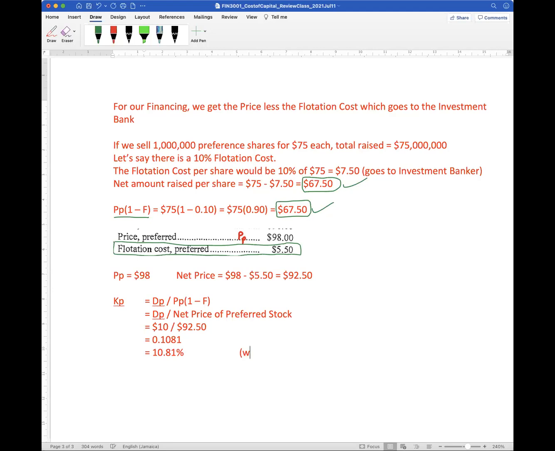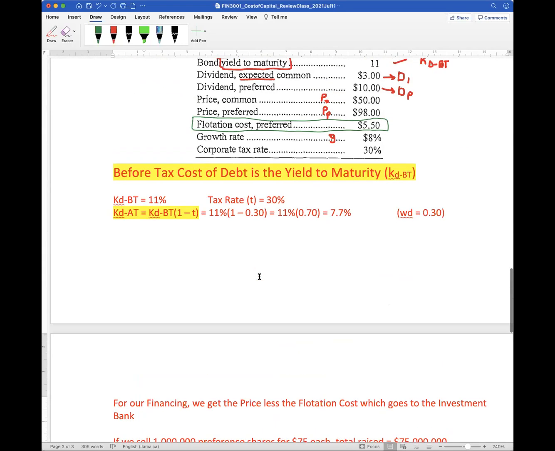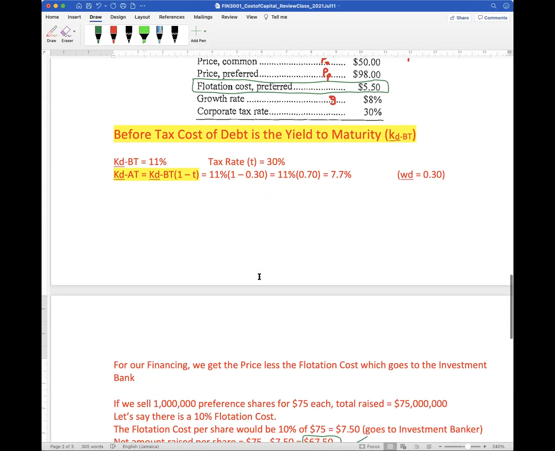And we have been given in the question that the weight for the preference share is 15%.